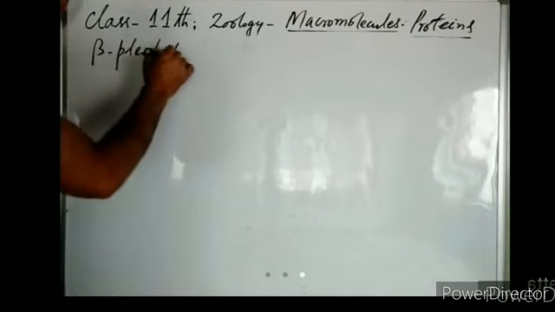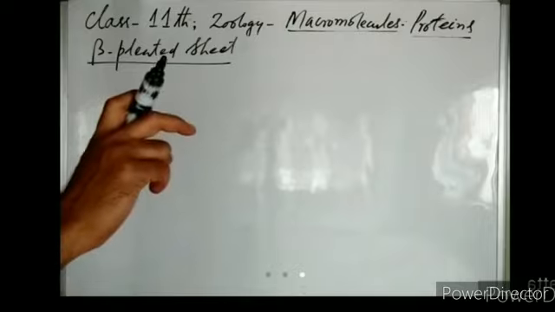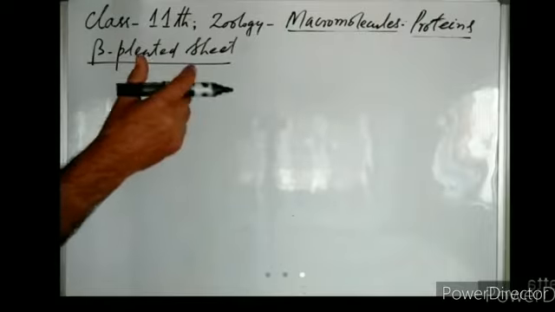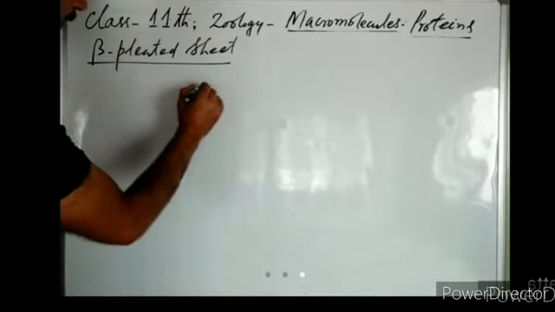Now, in secondary structure, a protein may also be in the form of beta pleated sheet. This beta pleated sheet is formed when small peptides lie parallel to each other, right? I will show here the example.